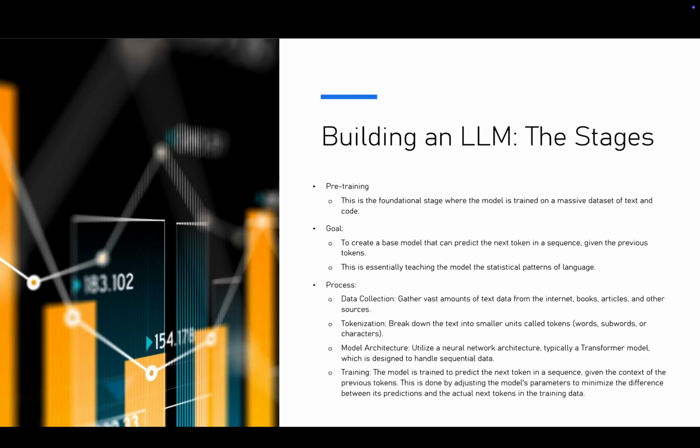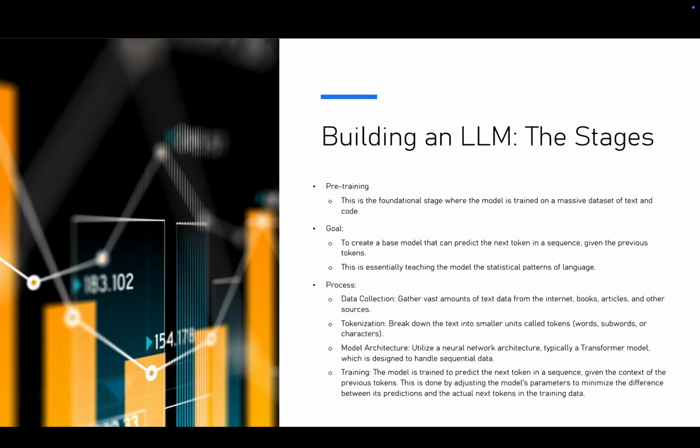And in our process, we have to do some data collection from the internet. We have to tokenize text into tokens using algorithms like byte pair encoding, otherwise known as subword tokenization.